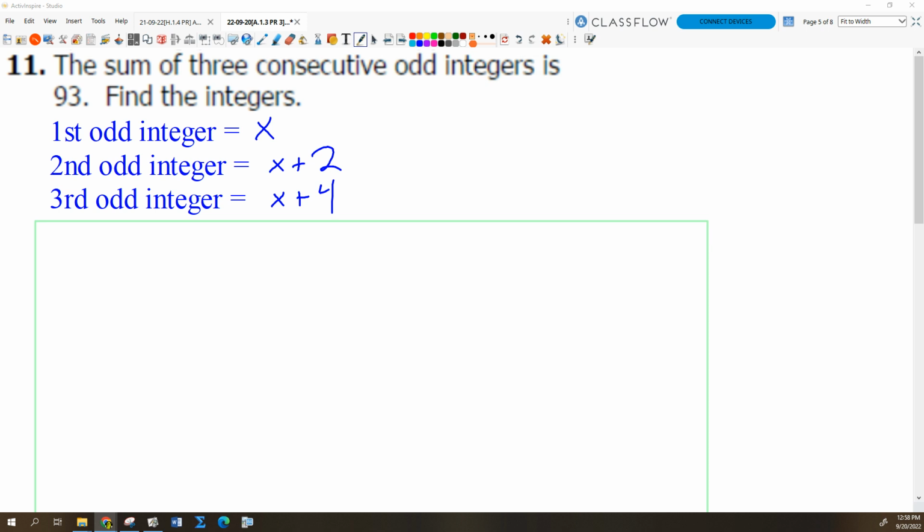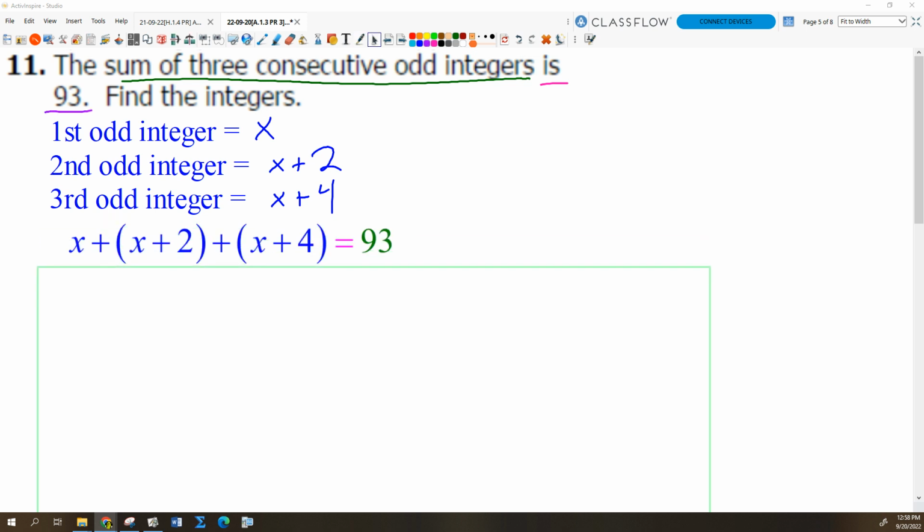The sum of those 3 integers means adding them up. So if I add all those up, it should equal 93. Okay, so we can do that. The sum of the 3 integers is 93, right? Well, what's that look like then? I did that in blue, didn't I?